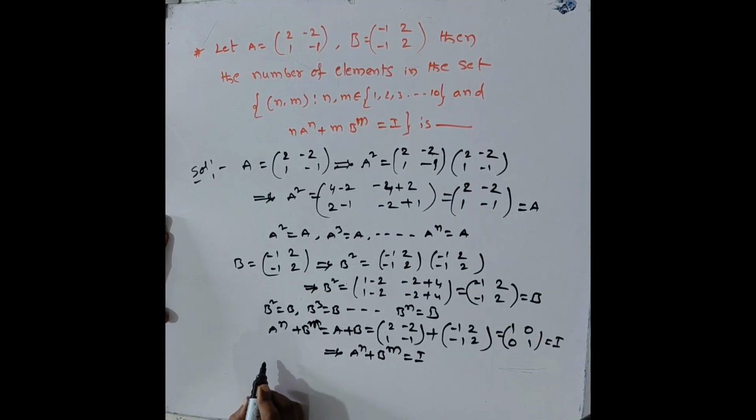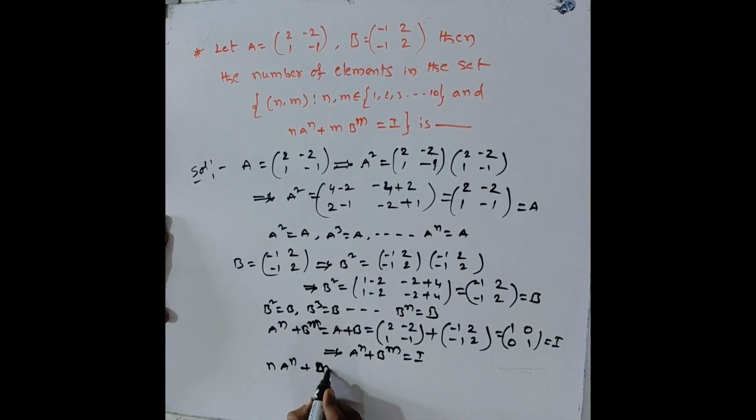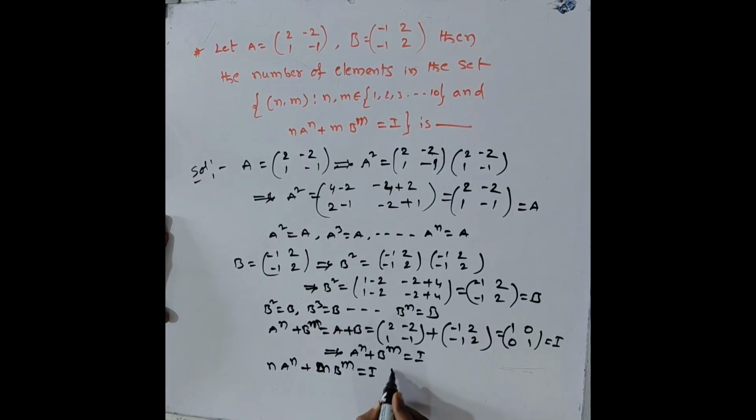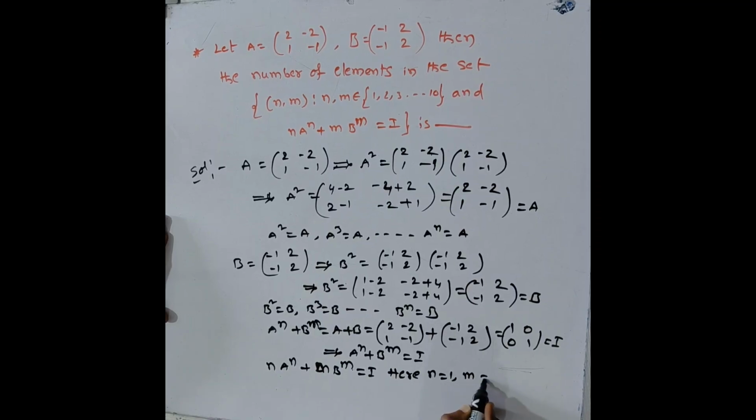So the condition n into A power n plus m into B power m is equal to I. Here n is equal to 1, m is equal to 1.